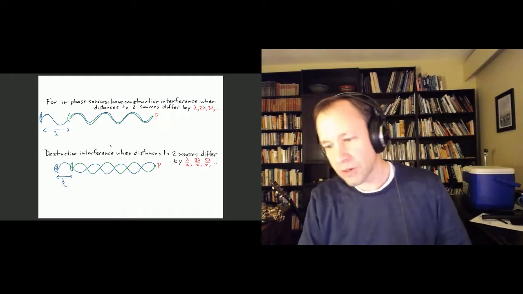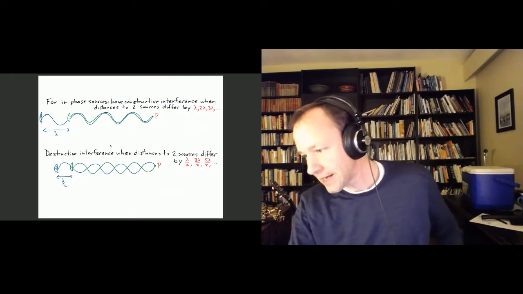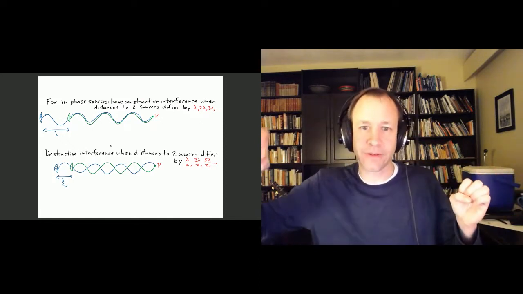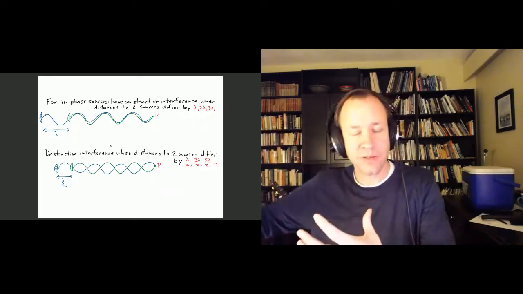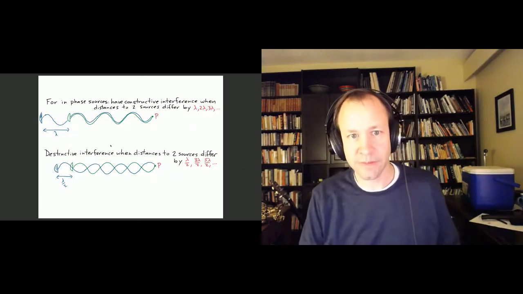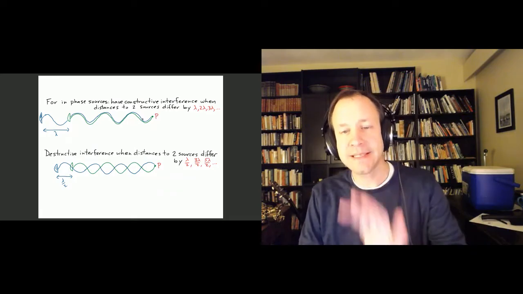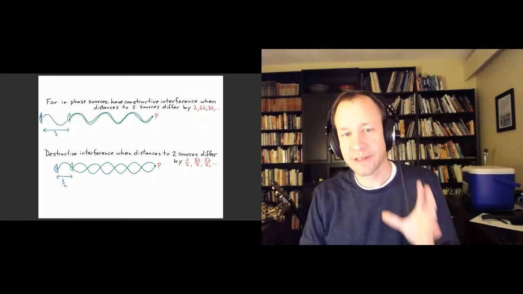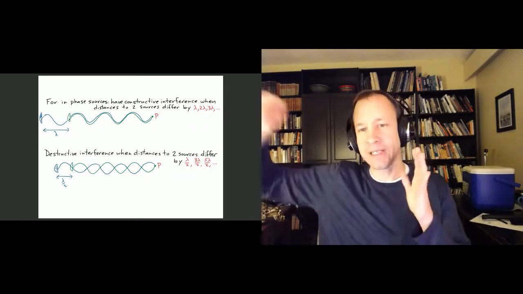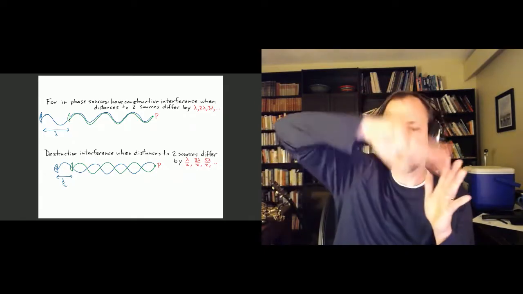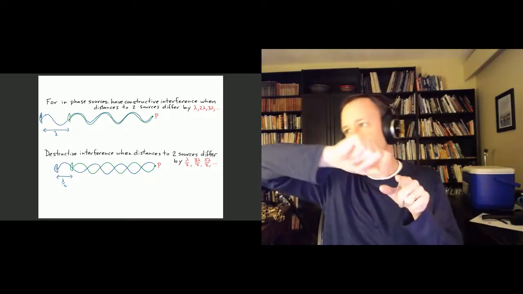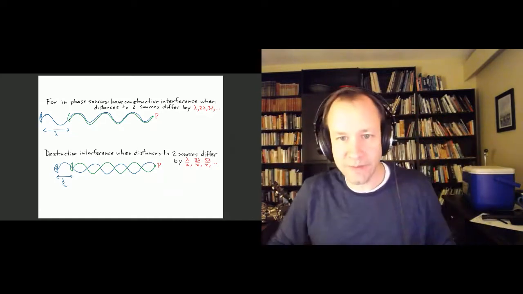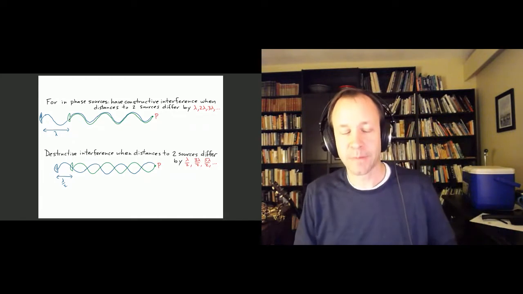I want to think a little more quantitatively and understand what distances these speakers should be from where we're listening if I want constructive or destructive interference. It's easiest to think about everything happening in one dimension. If the speakers are at the same location, I'm going to get constructive interference, because assuming the speakers are in phase, the wave displacement from one speaker will look just like the displacement from the other, and they'll add up.